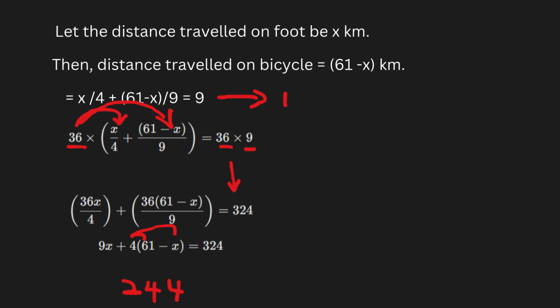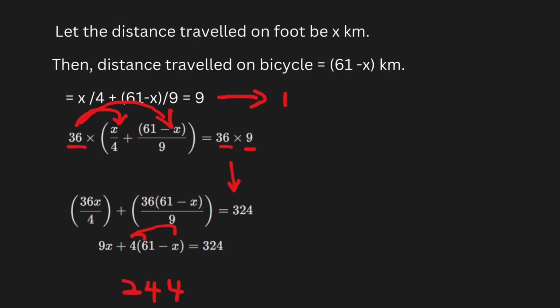So, let's solve for x from this equation. x by 4 plus 61 minus x by 9 is equal to 9. Let's eliminate the fractions. First find the LCM of 9 and 4, which is 36. Multiply the entire equation by 36 to eliminate the fractions.